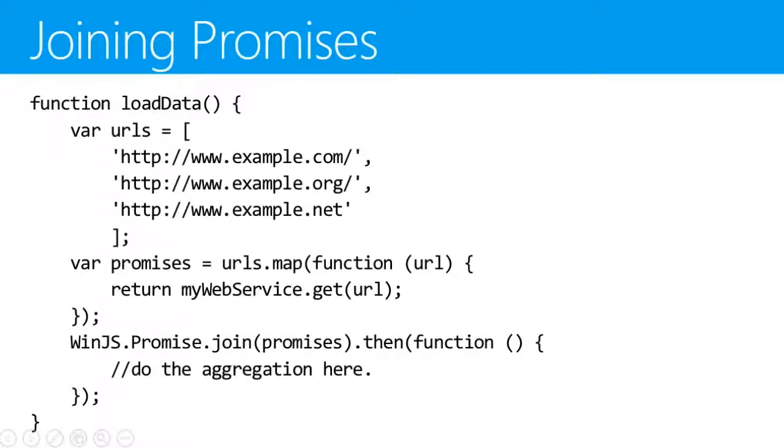We give it a number of URLs, and then we want to use the array.map function to convert the array of URLs into an array of promises, because that mywebservice.get returns a promise. And finally, we want to use the join function, which accepts an array of promises and returns a new promise that will complete after all the promises have completed. Then we do the data aggregation inside the complete function of the then function.